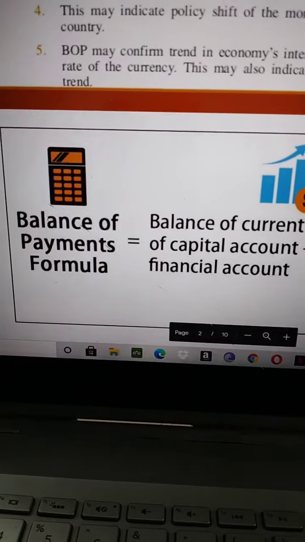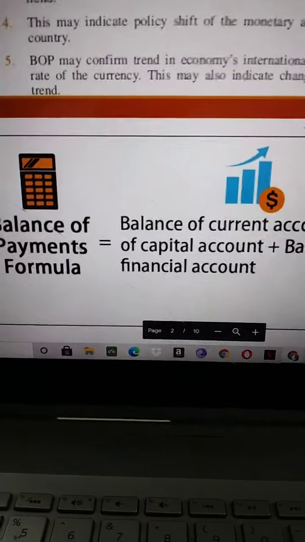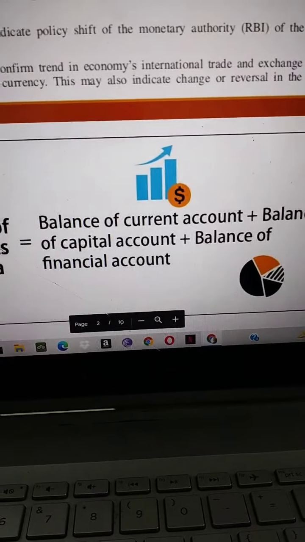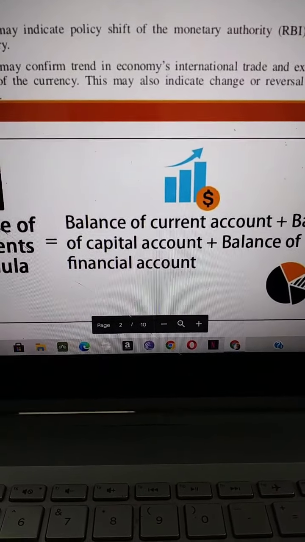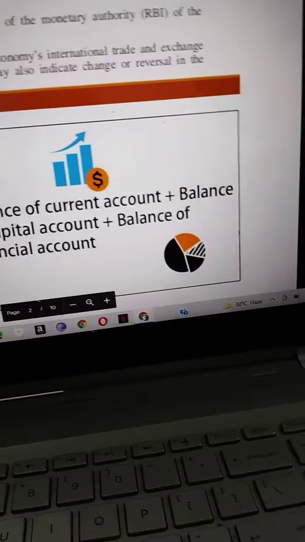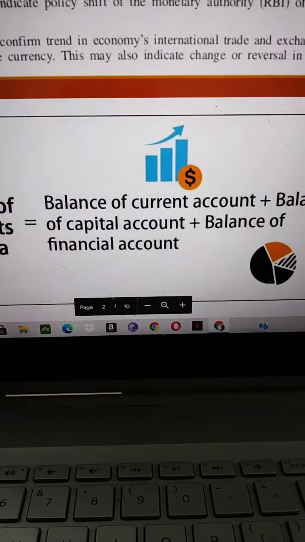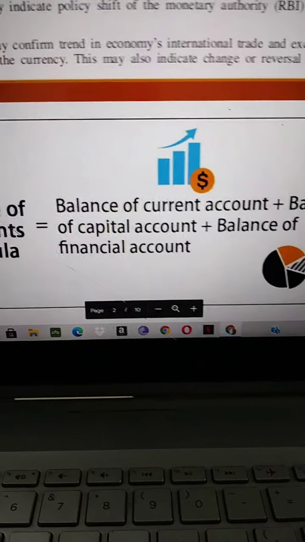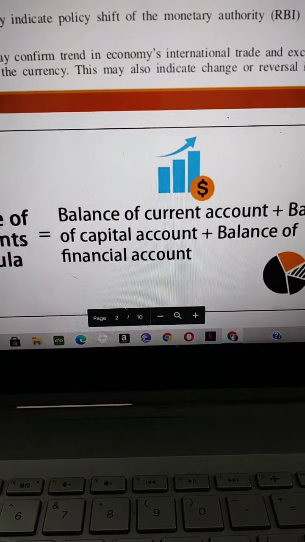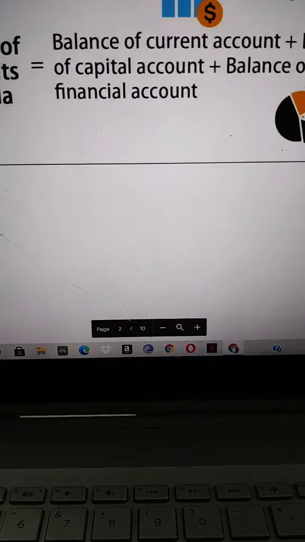So, a simple formula of balance of payments is that the balance of current account, whatever you have, surplus or deficit, plus the balance of capital account plus the balance of financial account. So this is a general formula of balance of payments. But as I told you, we will be focusing on the current account mainly.